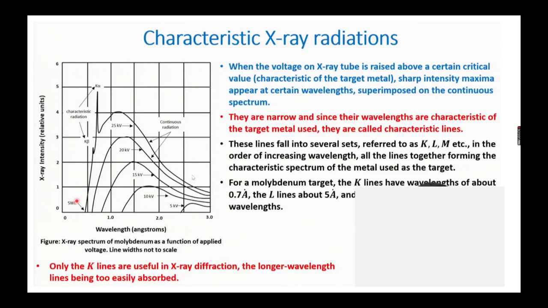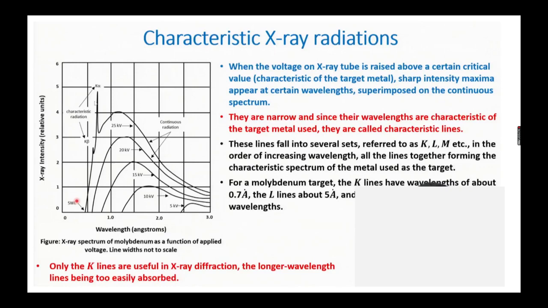Suppose we are giving an X-ray accelerating voltage of 5 to 10 to 20. When you see the continuous spectrum, you won't find any kind of maxima. But when we exceed a certain threshold or critical value, let's say 25, you can see sharp intensity maxima appear.